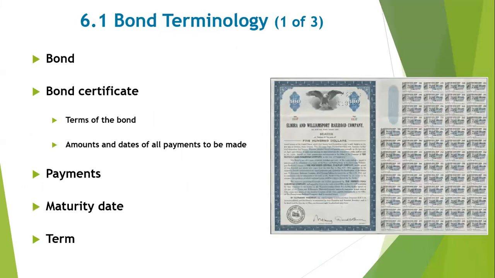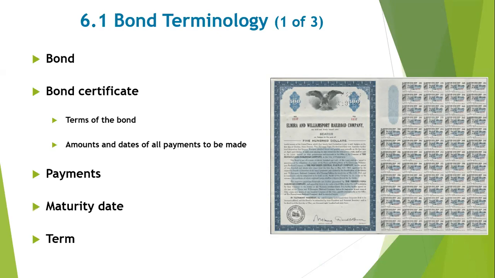So as a review from chapter 1, we know that a bond serves as a financial instrument that is issued by governments and corporations to secure immediate funds from investors with the commitment of future payments.